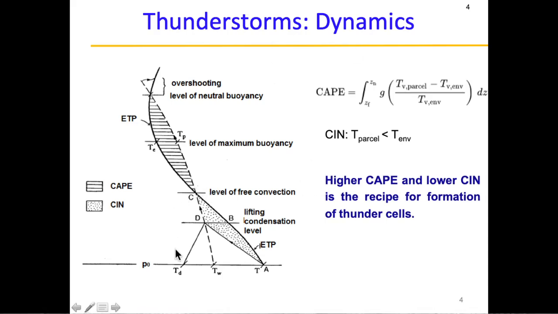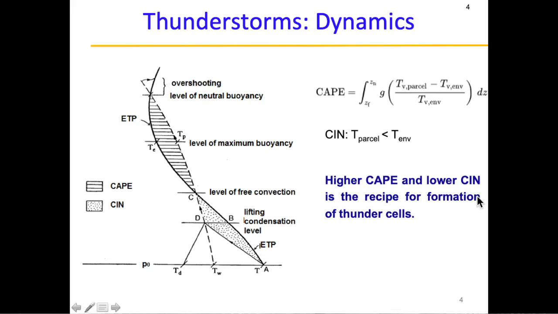So you have to reach a level of free convection, above which the CAPE can kick in, and that leads to the formation of thunderstorms. What is needed is higher CAPE, because higher CAPE means the parcel has the potential to go to higher levels and form tall clouds.